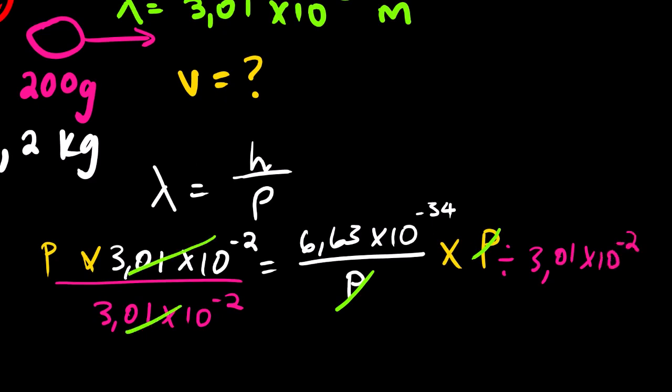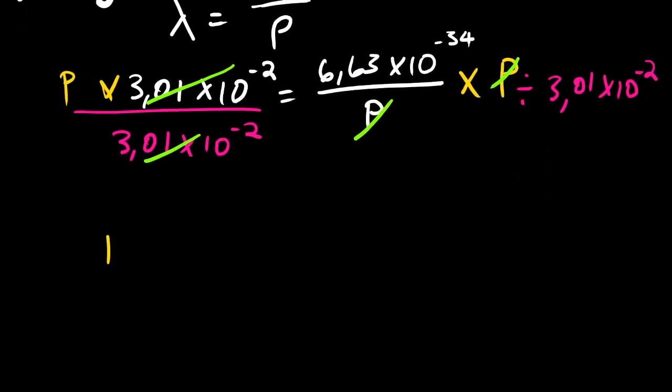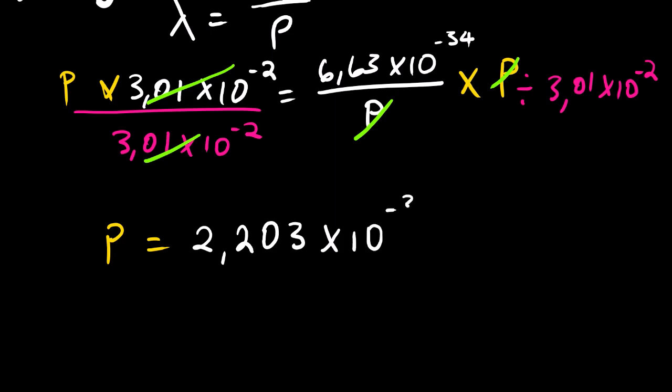This will result into 1. So we have p equals 2.203 times 10 to the power negative 32. This is our momentum, which will be in kg meters per second.